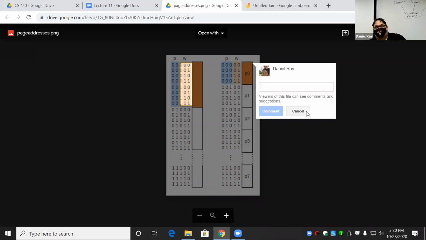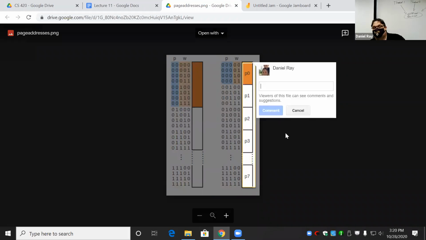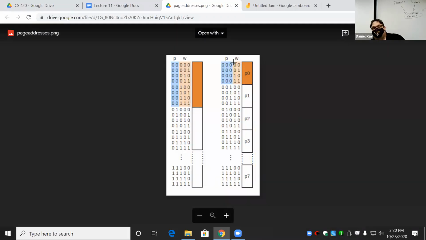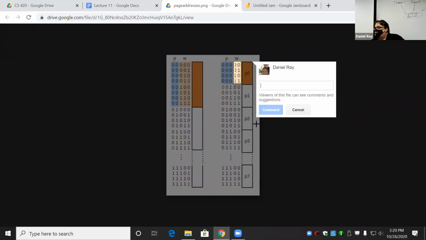Take the same memory, and we can get more pages, each of a smaller size, by only using the rightmost 2 bits to address all the words in a page. If I only use 2 bits to address all the words in a page, then there must be exactly 4 words per page, right?